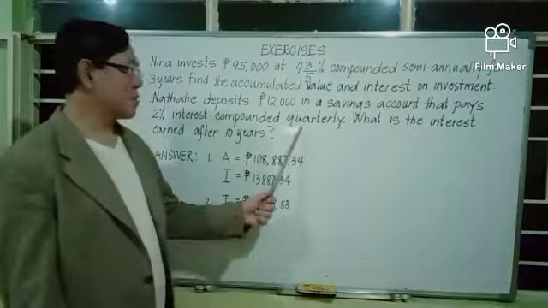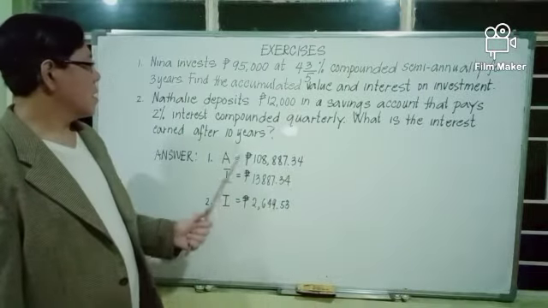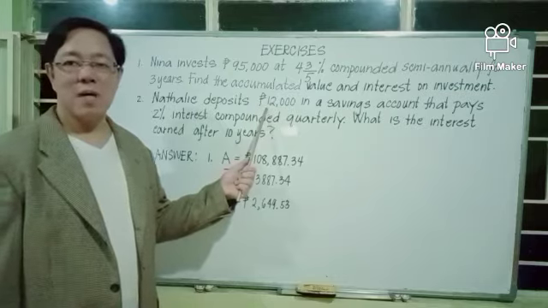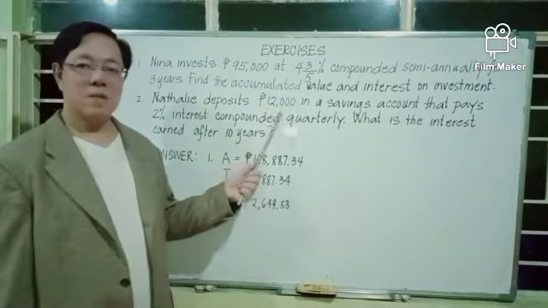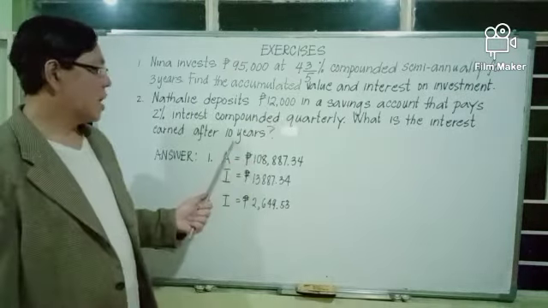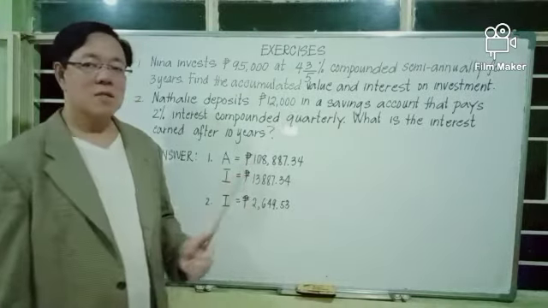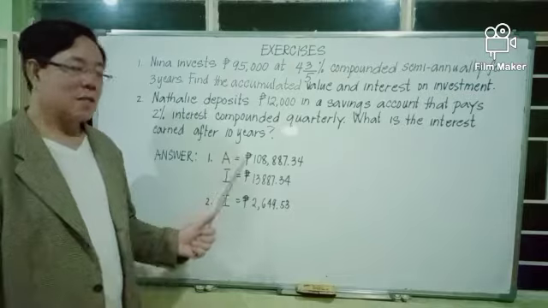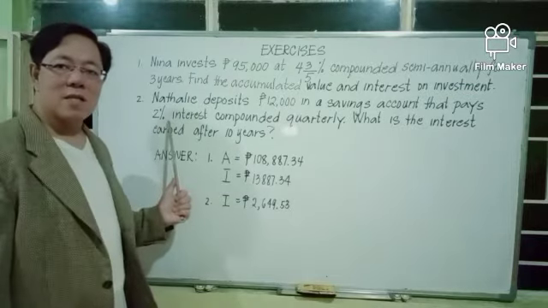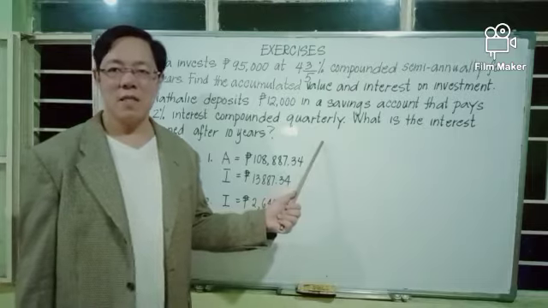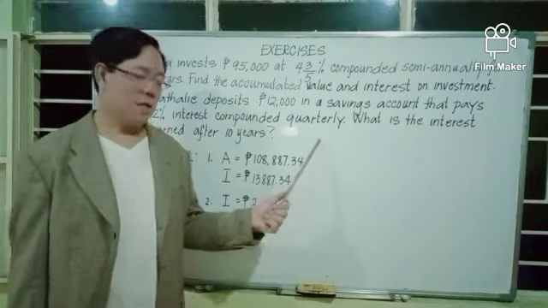That is 4 times a year. And the original amount invested or deposited is 12,000 pesos. You are asked to find the amount of interest earned by 12,000 pesos after 10 years. Compound interest rate of 2% compounded quarterly, or interest is computed 4 times a year.